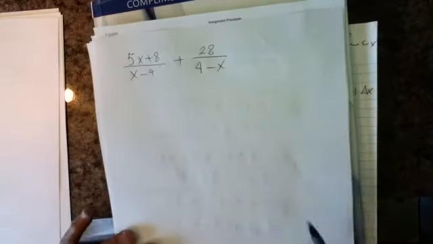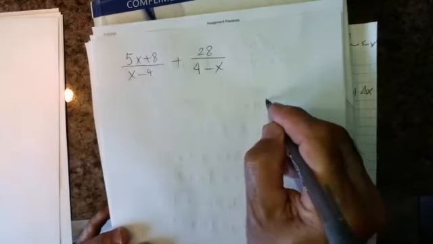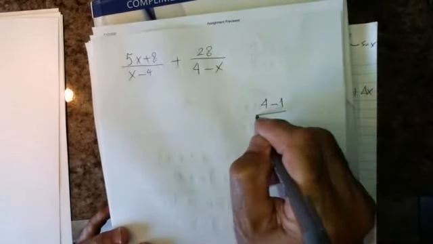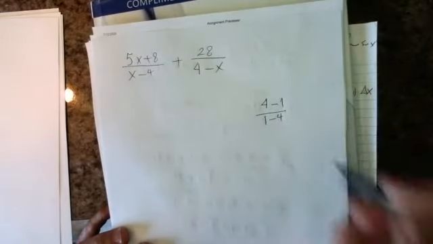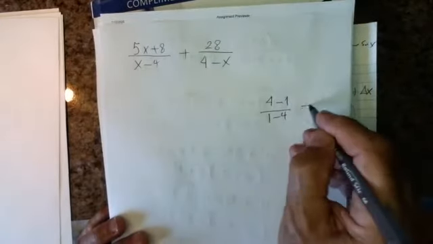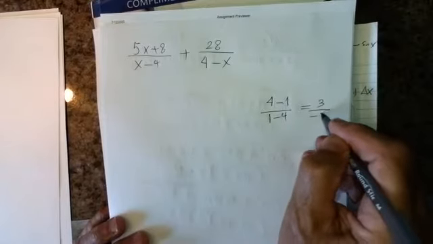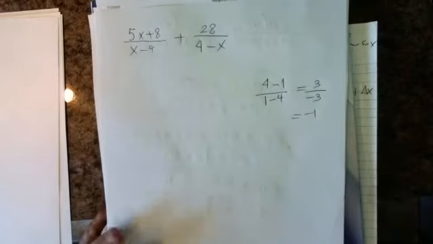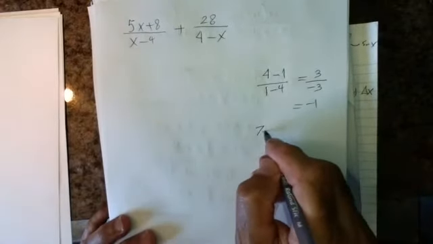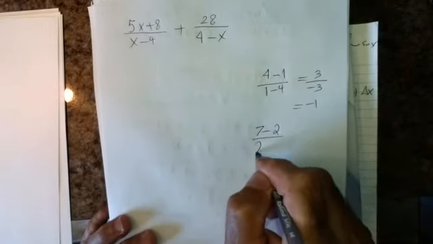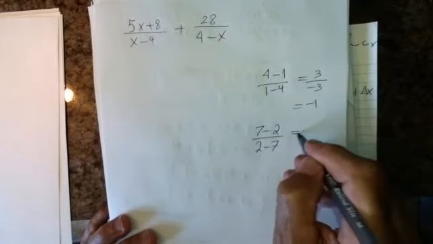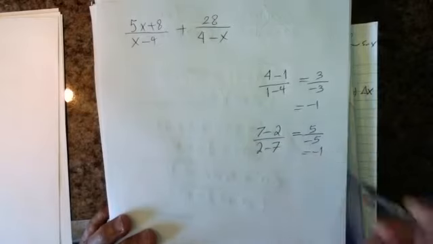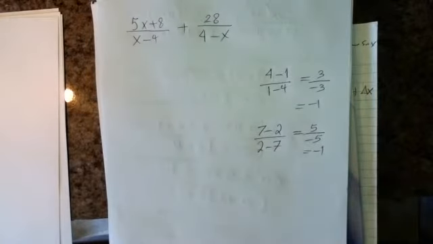You know, when you have 4 minus 1 over 1 minus 4, you understand this is 3 divided by negative 3, or is negative 1. Or if you have 7 minus 2 over 2 minus 7, that is 5 over negative 5, which is negative 1. The reason is this.